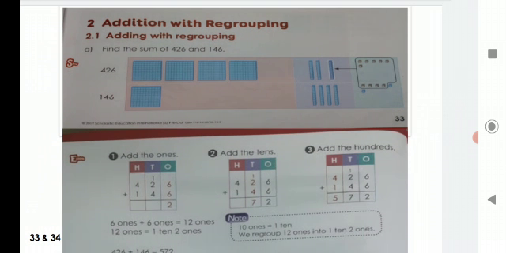So how can we do addition? First we add the ones place. At the ones place we add all the ones, which make 10 or more. After adding all the ones, we can make one rod of 10.